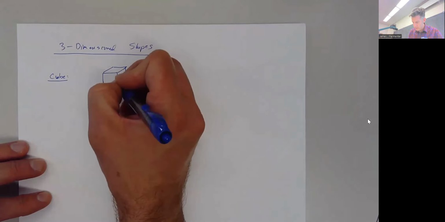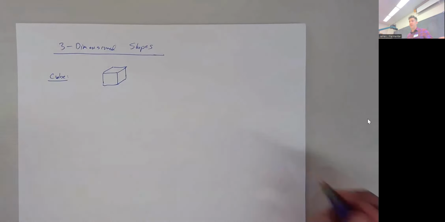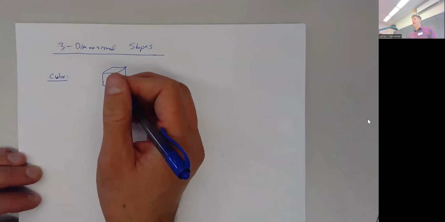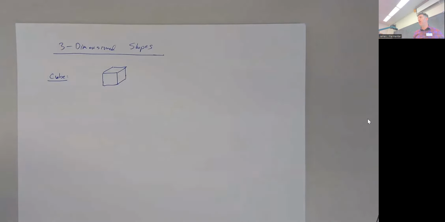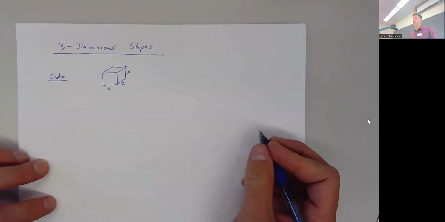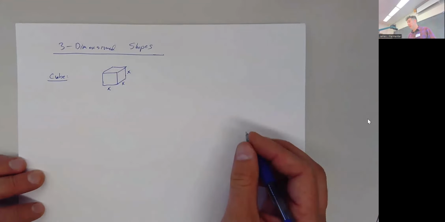I typically default to using x's and y's because that's what most math people use, but that doesn't mean you have to. You could use length, width, and height. But one thing I will say is you should never use more variables than you need to. Meaning in this cube, I shouldn't label the sides x, y, and z because they're not all different lengths. We know that in the cube, all the sides have the same length, so we should give them all the same name. If things are always the same, we should call them the same thing.